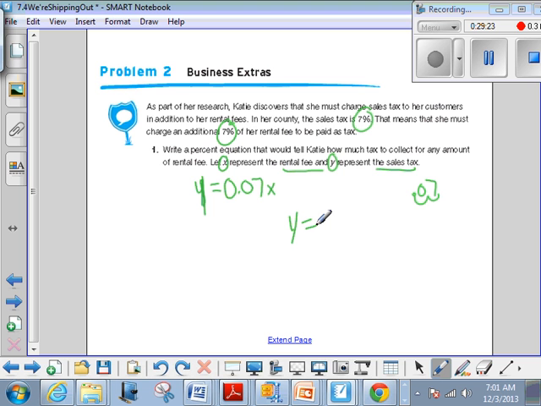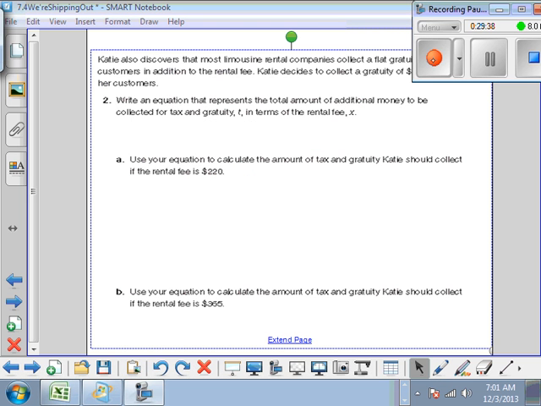Okay, so Katie also discovers that most limousine rental companies can collect a flat gratuity charge from customers in addition to the rental fee. So Katie decides to collect a gratuity of $35 from her customers. So 2 says, write an equation that represents the total amount of money to be collected for tax and gratuity, T, in terms of the rental fee x.